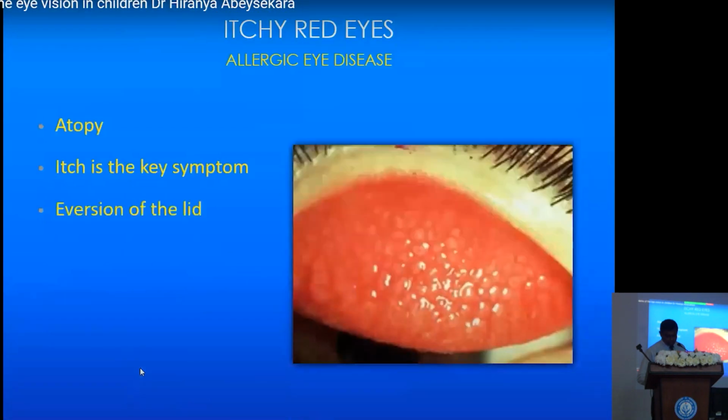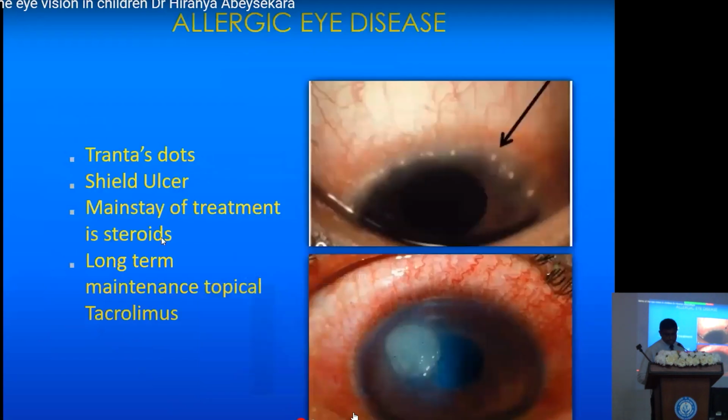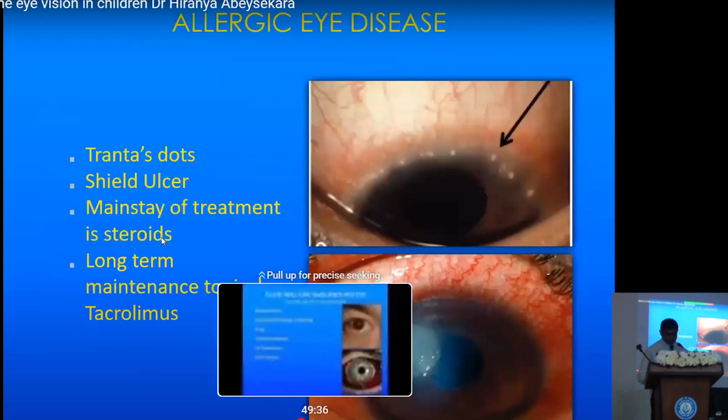So this is the other papillary reaction you see. Most commonly, the subtarsal papillary reaction in allergy. Right? So when you invert the lid, you will see the reaction. And these are limbal papillary reactions.